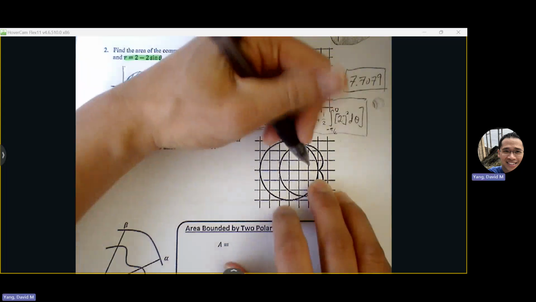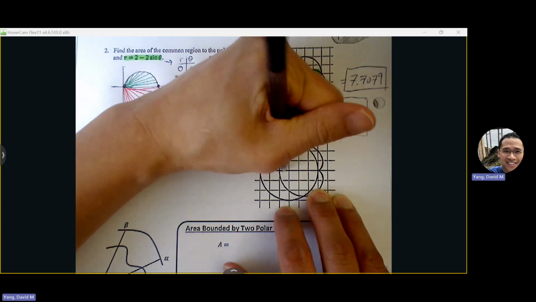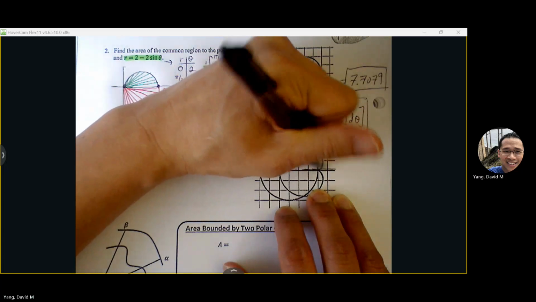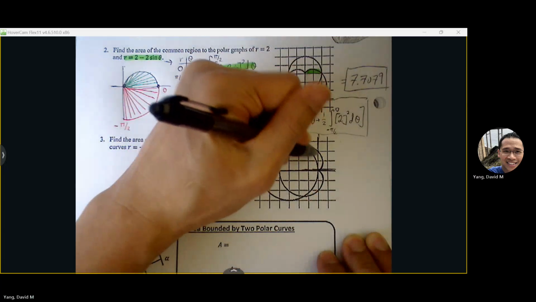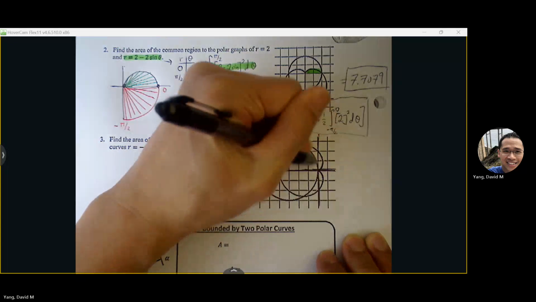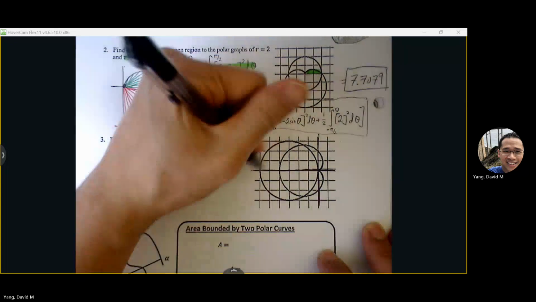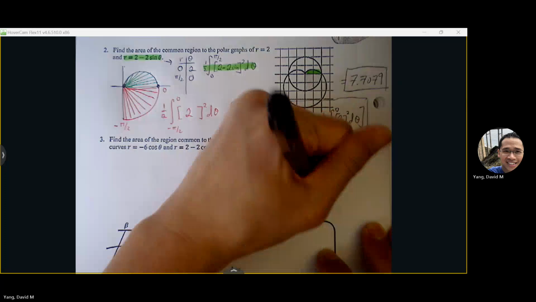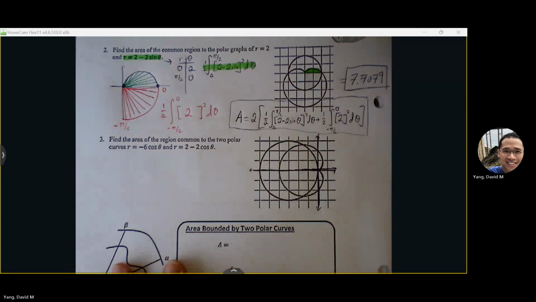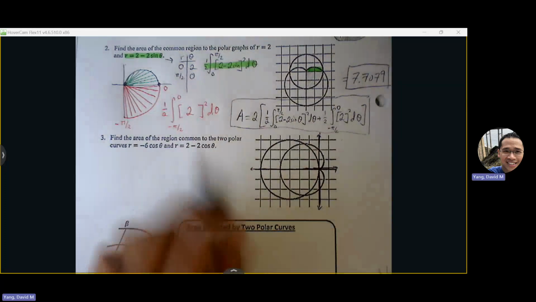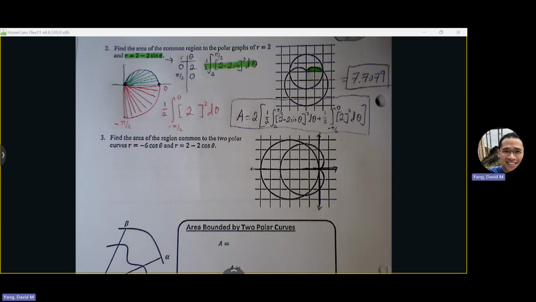Let me highlight the axis here. All right. Area common to it. Yeah, I prefer to just find half of my diagram and then double it.